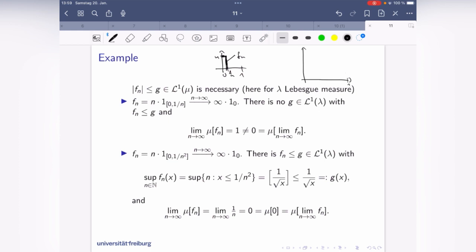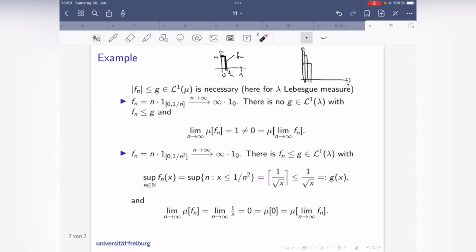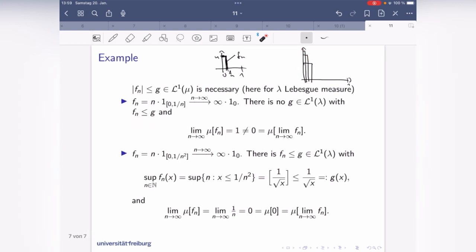So I have that's one fn here, that's another fn, that's a third fn, and so on. And g would have to be bigger than all of them, which means it would have to be bigger than something like this here. And this here, it drops like, well, it drops like 1 over x.